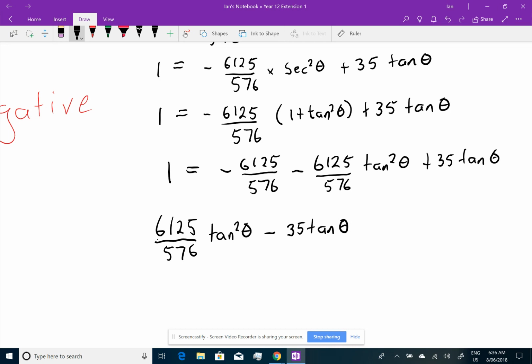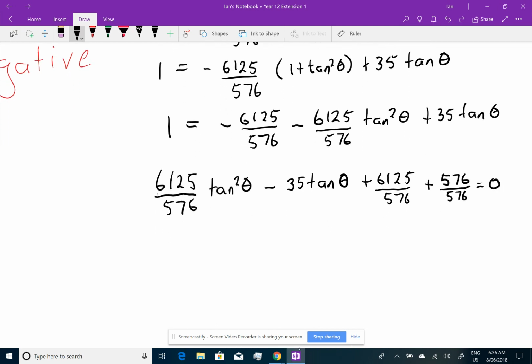I'm going to add that 6125 over 576, so plus 6125 over 576 plus 1. But that's 576 on 576 equals 0. So I brought everything over. So 6125. I could multiply by 576, might make it easier.